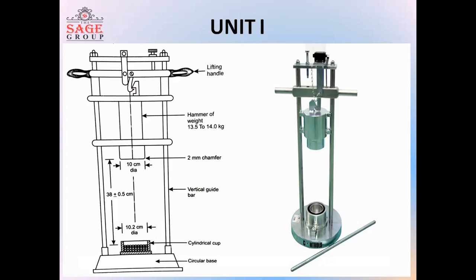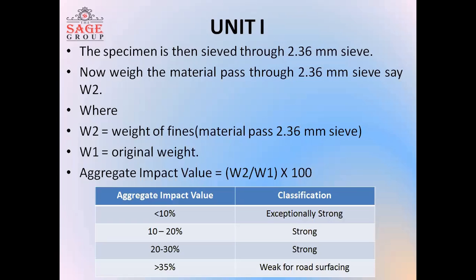So this is the impact testing machine for finding out the impact value of the stone. This is the handle. This is the hammer. The size of the hammer is 10 centimeter in diameter, and it falls from 380 mm height, impacting the cylinder 15 times.